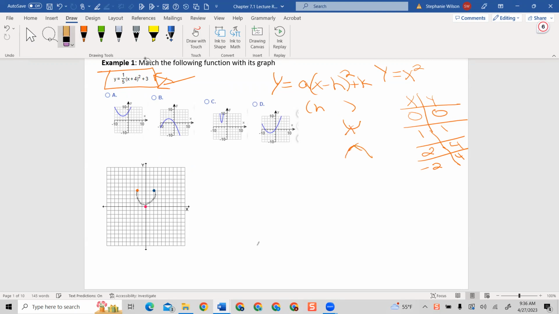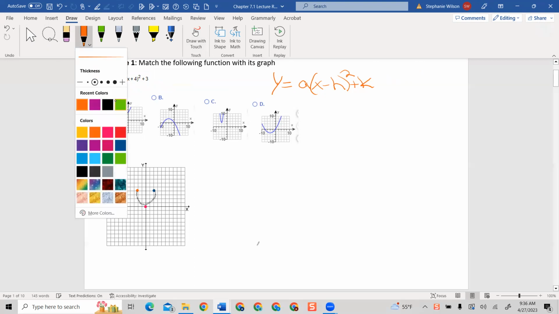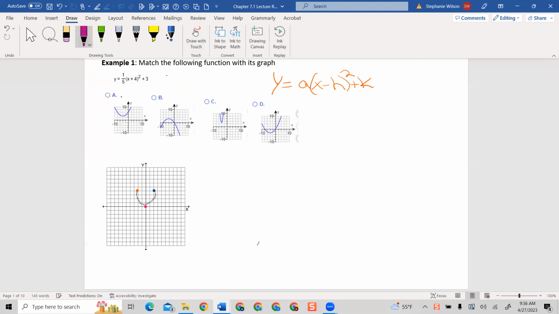Okay, so let's look at it a little bit more. Let's get started. What do I notice about each part in this function? Well, if I was to list it, my a is equal to 1/5.